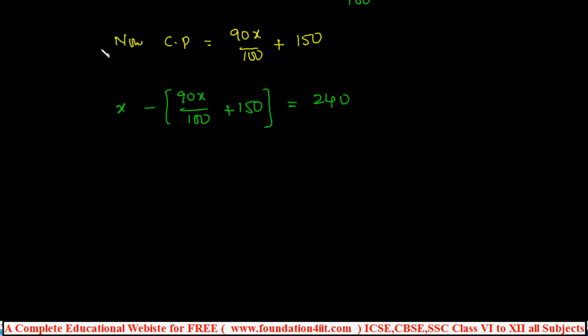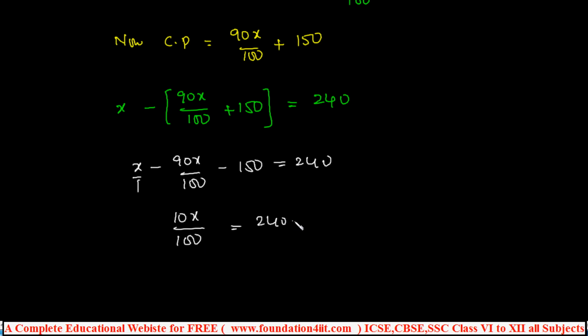Let us simplify this, we'll get the value of x. Very simple now. Take this value x minus 90x by 100 minus 150, minus of this is equal to 240. Take 150 to this side, LCM 100: 100x minus 90x, 10x by 100, minus 150.